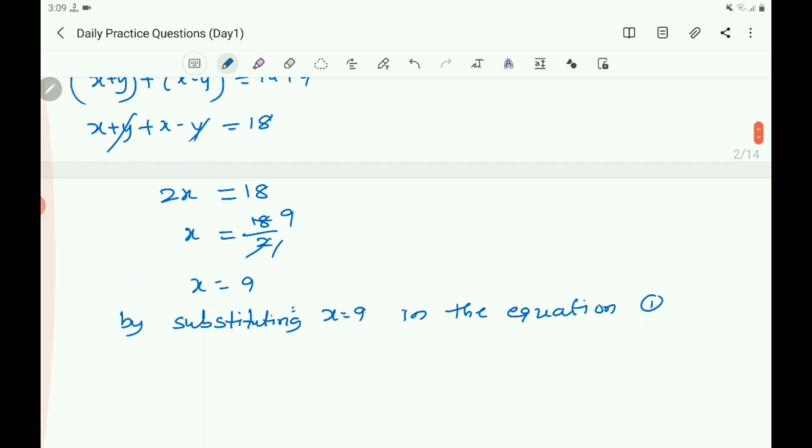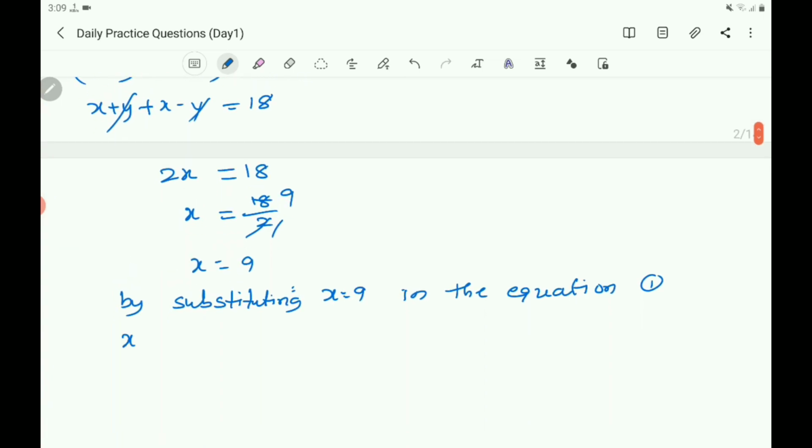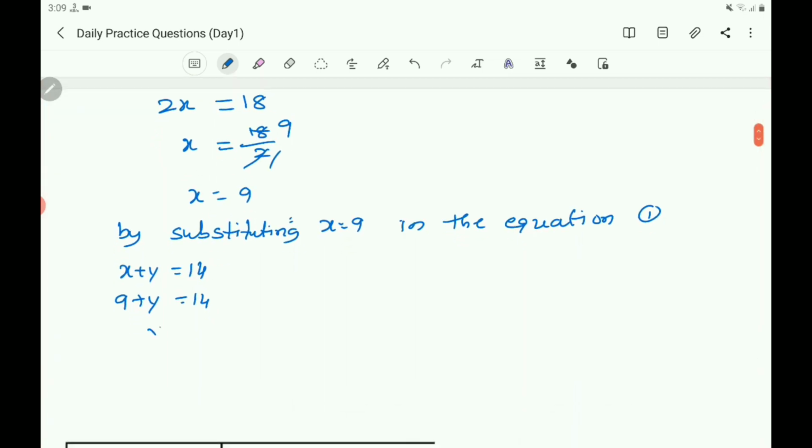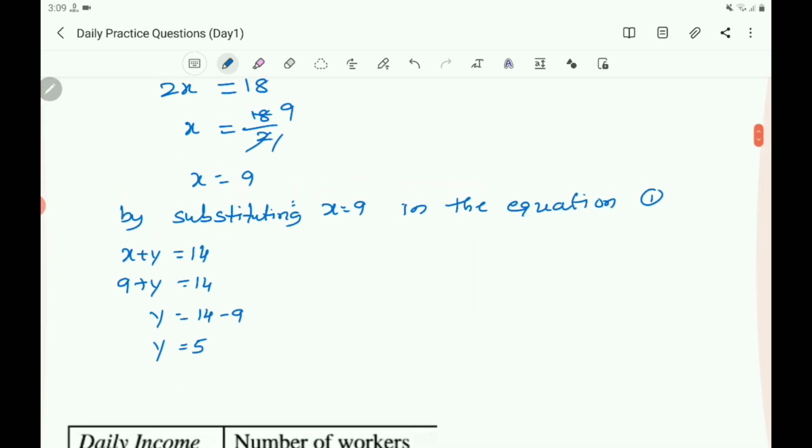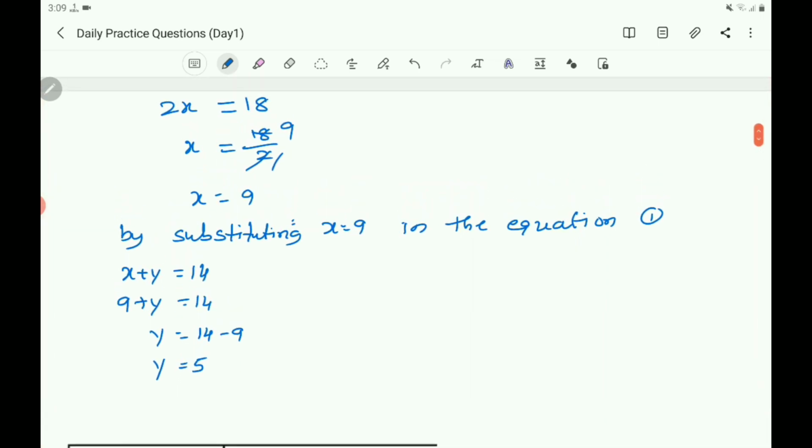So you write x plus y equals 14. Then x value, write 9 plus y equals 14. Then y equals 14 minus 9, that is 5. y equals 5. So you got the value of x and y. x equals 9 and y equals 5.